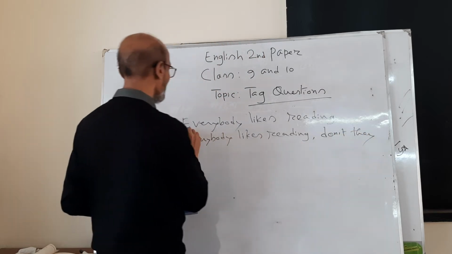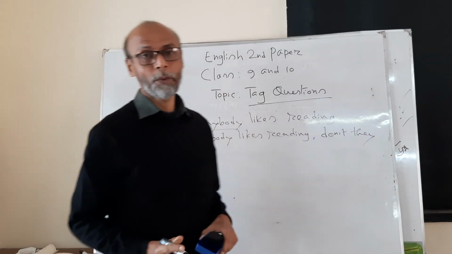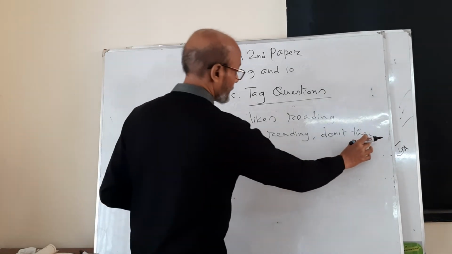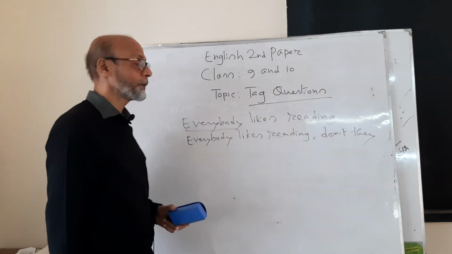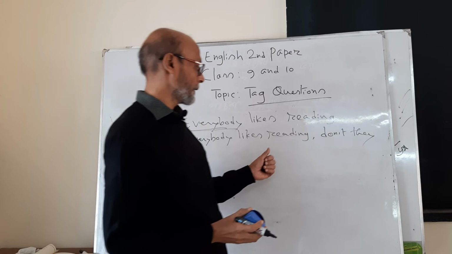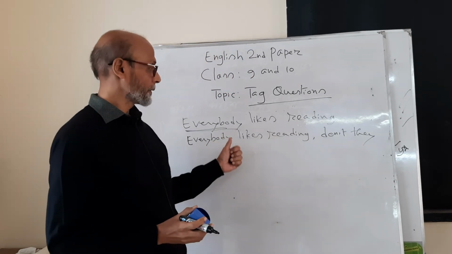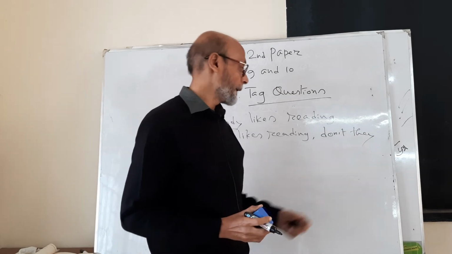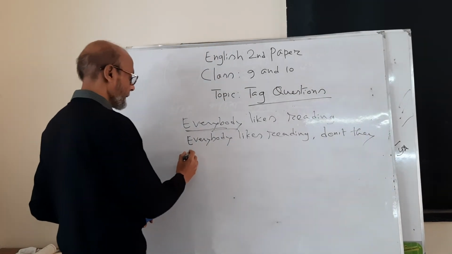So remember, when you find everybody, nobody, none, somebody, you have to change the subject into "they." Though we know that this is third person singular, for making the question tag, you have to use "they."